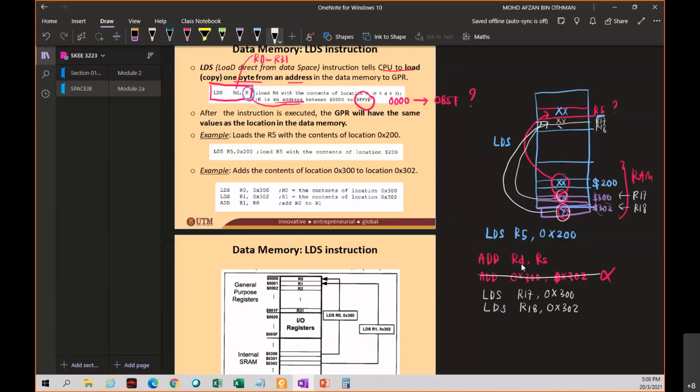So yang ni kamu masukkan ke dalam R18. And then barulah kita boleh buat addition, sebab based on this syntax here, ADD Rd, Rs. So R17, R18. Tak kisah, kamu nak letak R18 R17 pun boleh, sebab dia tak bagi tahu pun nak letak dekat register yang mana.